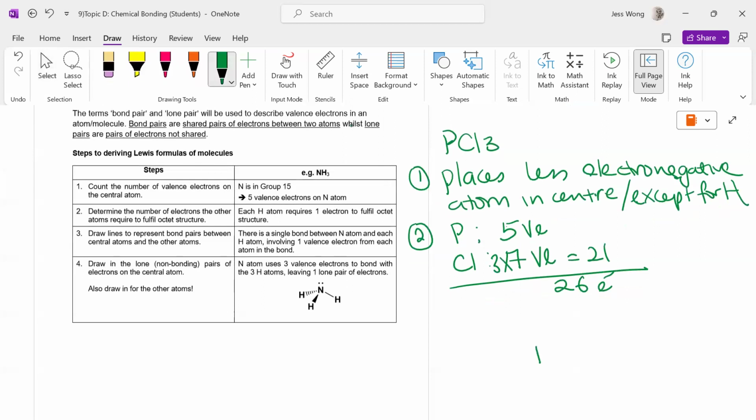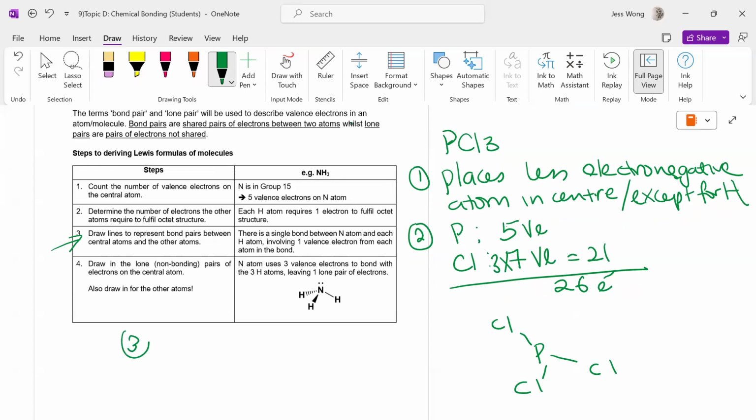So what do I do? You spread out the P and the Cl, and in between them at least form a bond. So you draw lines to form the bond between the central atom and the other atoms. Next, we take care of the surrounding atoms. We do not try to take care of all the atoms.